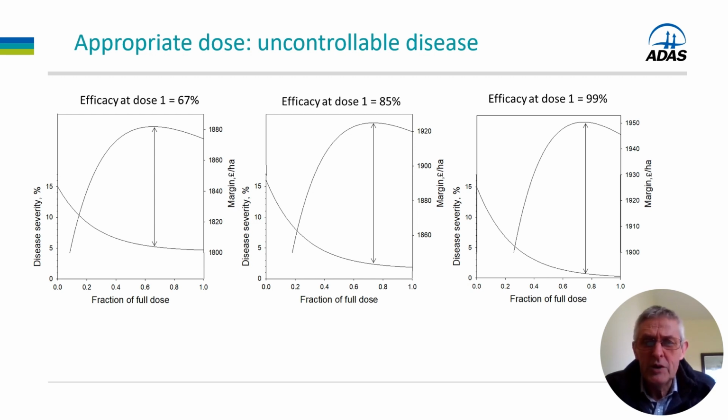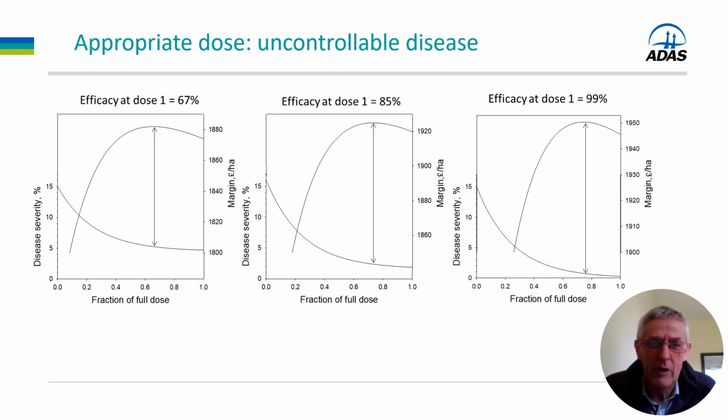So if we look at the chart on the right-hand side, this is a kind of optimal situation where if we apply the optimum dose, we actually achieve very high levels of disease control, where we can reduce disease almost to zero. If you contrast that with the dose response curve on the left, we can see that even if we apply a full label dose, we're only able to control about 2/3 of the untreated severity.